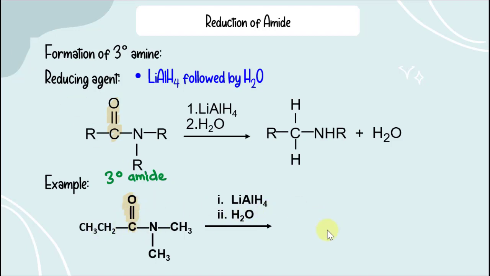So let's copy back our structure. Here we have CH3, CH2. C double bond O reduced into CH2 and then copy back all together. We have nitrogen, CH3, and then on this nitrogen we also have CH3. So we got our tertiary amine.